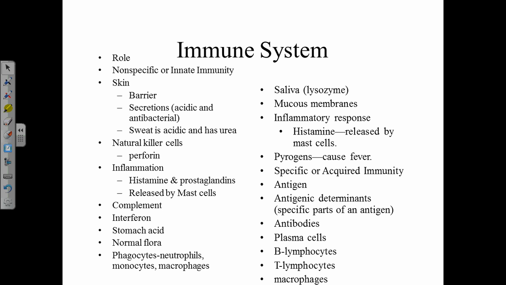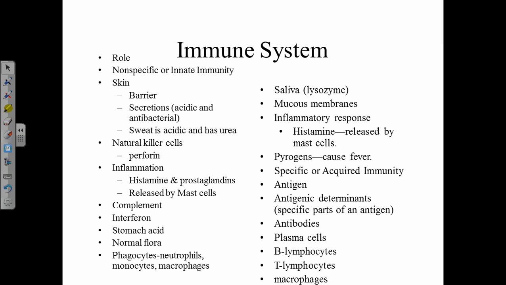And we'll contrast that with the other part of your immune system, which we probably won't get to today. The other part is called the acquired. So that part you have to get, right? This part you're born with. The other part you have to build up over time. So your non-specific or innate immune system protects you from just general bad stuff.